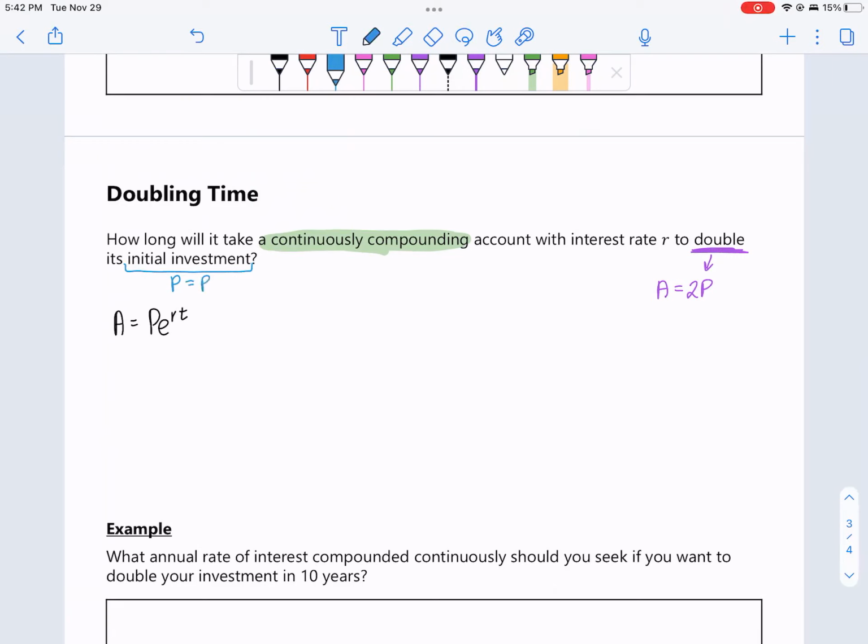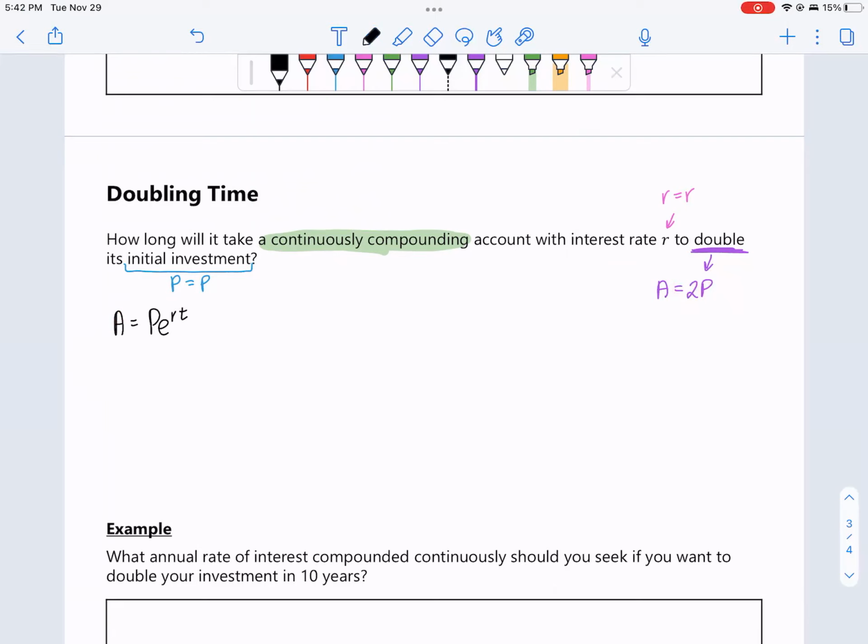Okay, P is equal to P. What we're hoping for is 2P. Our interest rate is R. R is R. So really, the only thing we're replacing in this formula is the A. We're going to replace that with 2P.